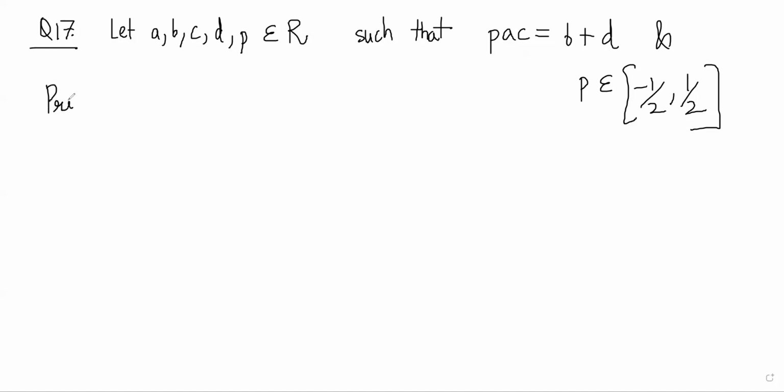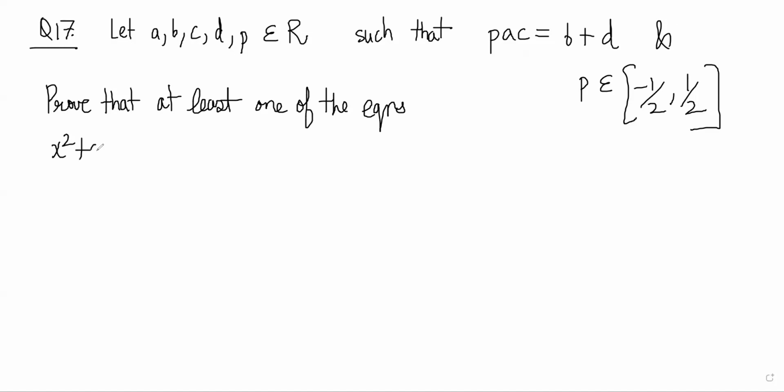Prove that at least one of the equations. The equations are given by x squared plus ax plus b equals 0 and x squared plus cx plus d equals 0. Prove that at least one of the equations has real roots.